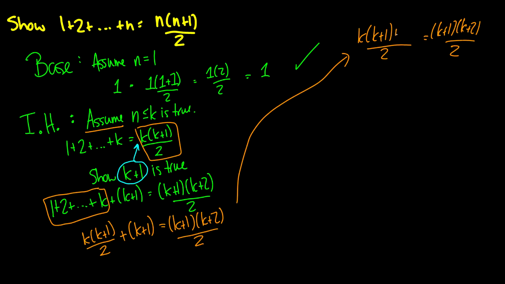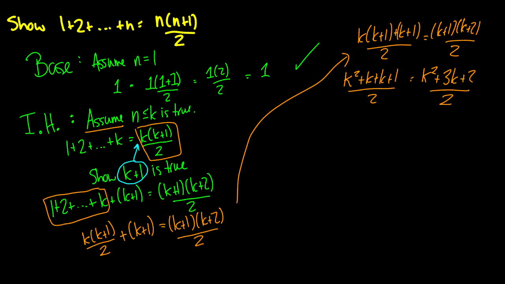In fact, this should be plus k plus 1. So on the left here, we have k squared plus k plus 1 over 2 is equal to, well, let's factor this out, k squared plus 3k plus 2 over 2.